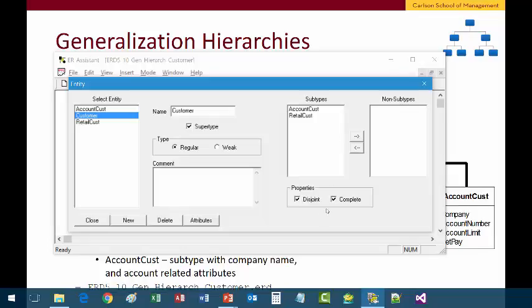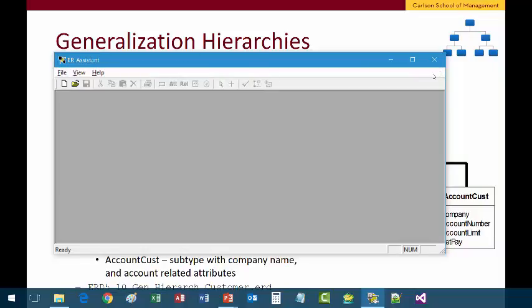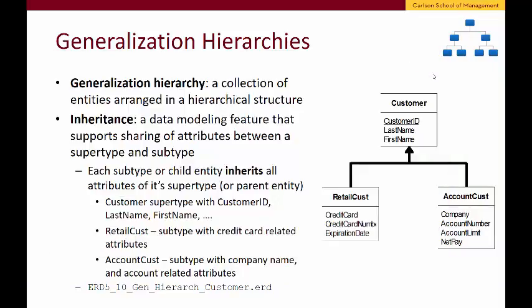And they're complete in that there is no third option, which is, I don't know, online customer in this case, although there could be. That's going to insert these letters D and C, and create a hierarchy as described on the slide. Now we'll save this, close, and switch back to the presentation.